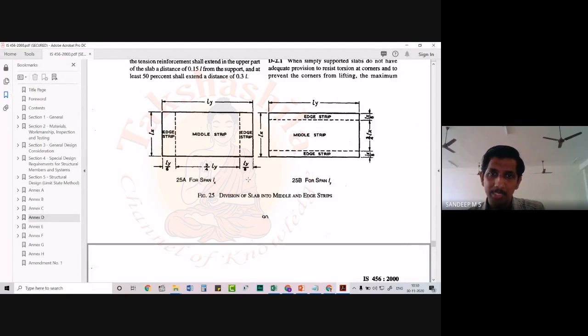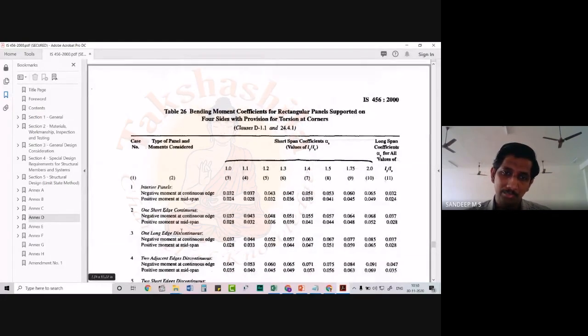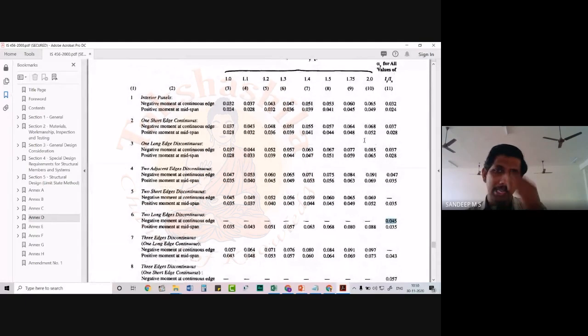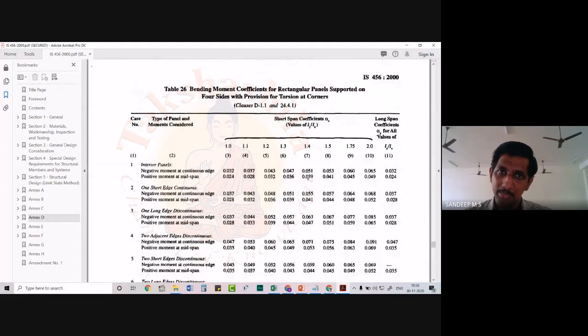So when you perform the design in the y direction or the My value, you will need a negative alpha y quantity on this side as well as this side. So that is the reason why, based on the condition of continuity and discontinuity, they have provided negative and positive coefficients in this table, in table number 26.